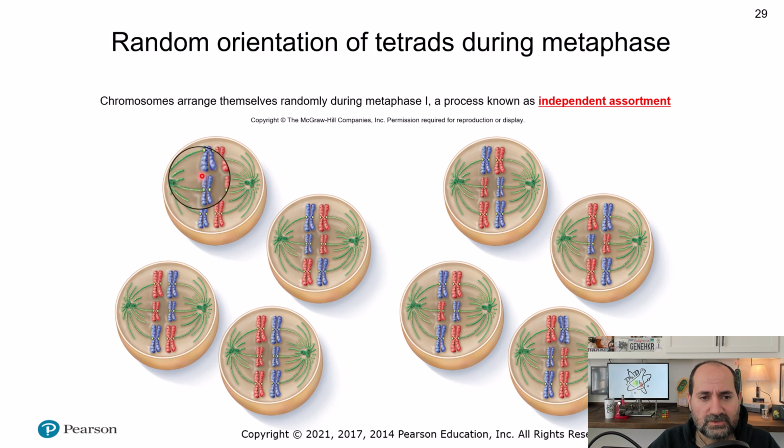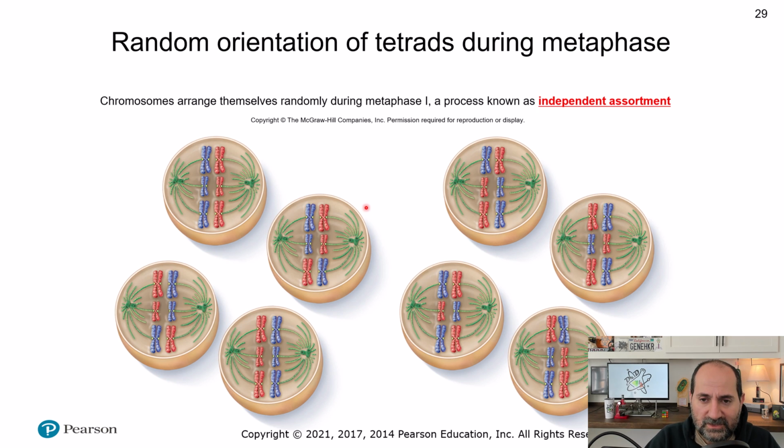And if this was chromosome 2, this would be 2 copies of chromosome 2 from dad, and this would be 2 copies of chromosome 2 from mom, 2 copies of chromosome 3 from dad, 2 copies of chromosome 3 from mom. So again, there's 3 tetrads in this cell, and this is a cell in metaphase I. Now, what's really interesting is that there's a reason why they drew this cell in 8 different ways, right?